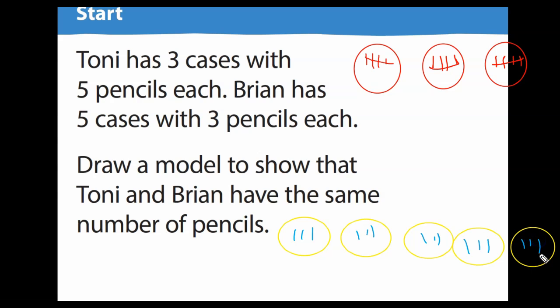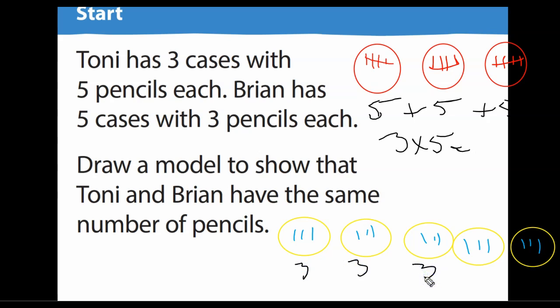Okay. So here he has 5 plus 5 plus 5. Okay. So 3 times 5. Here he has 3 plus 3 plus 3 plus 3 plus 3.